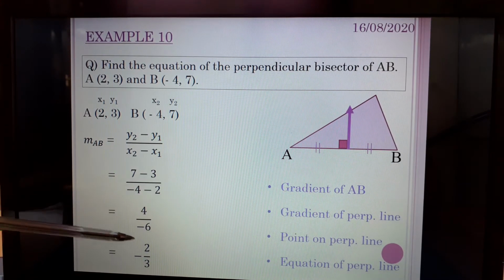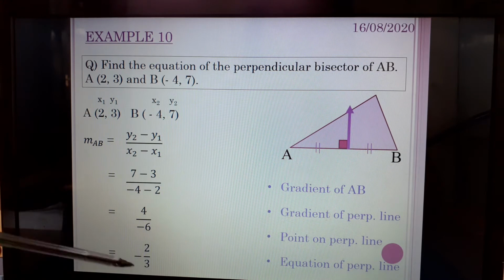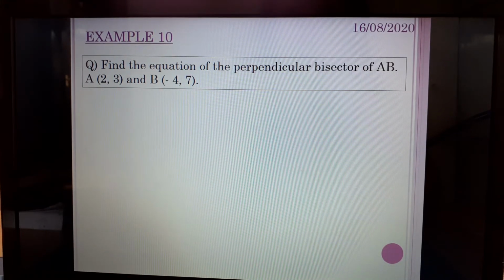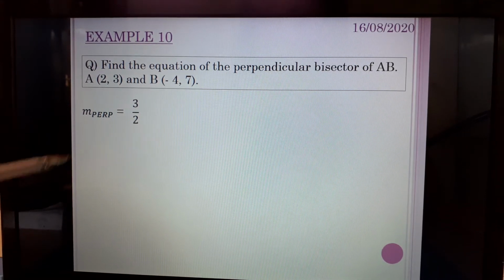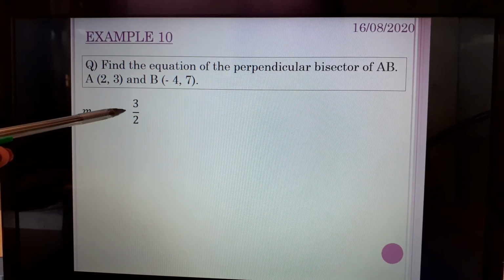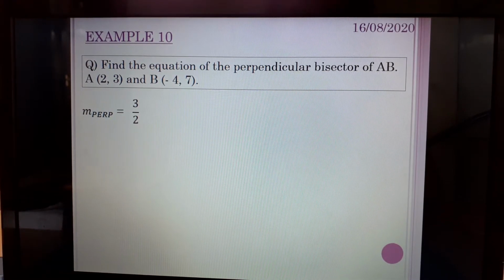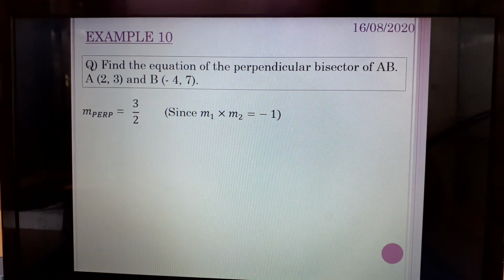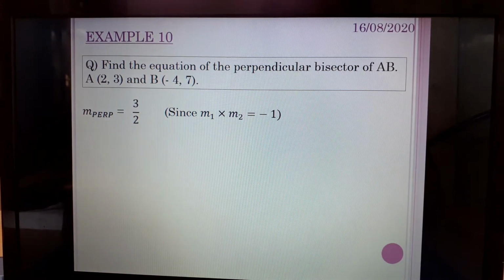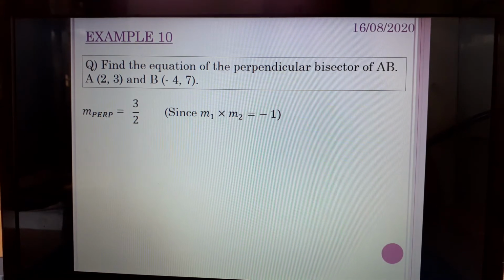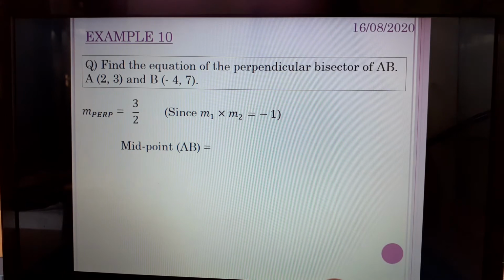So that's an overall negative and it's going to become an overall positive. And obviously we turn the 2 and the 3 upside down. So the gradient of the perpendicular is going to be 3 over 2, and it's positive 3 over 2. Instead of negative 2/3, it's now positive 3 over 2. Okay, and that comes from that rule there. Gradients multiplied together give you -1. We've done all that before. Okay, so now the midpoint of the coordinates A and B.